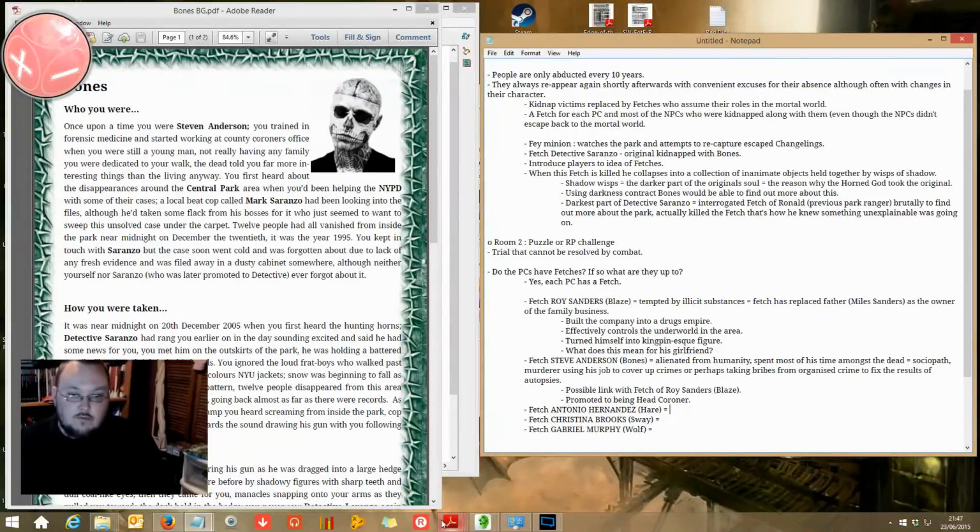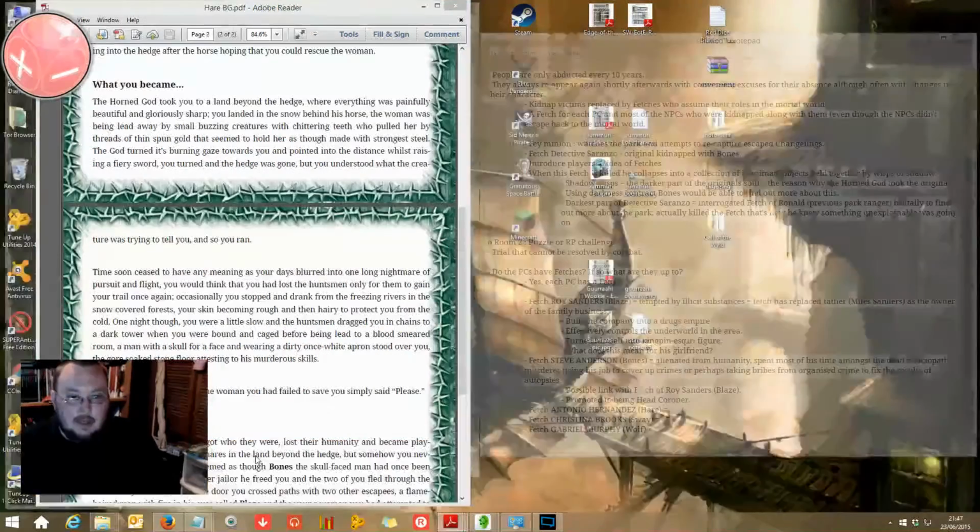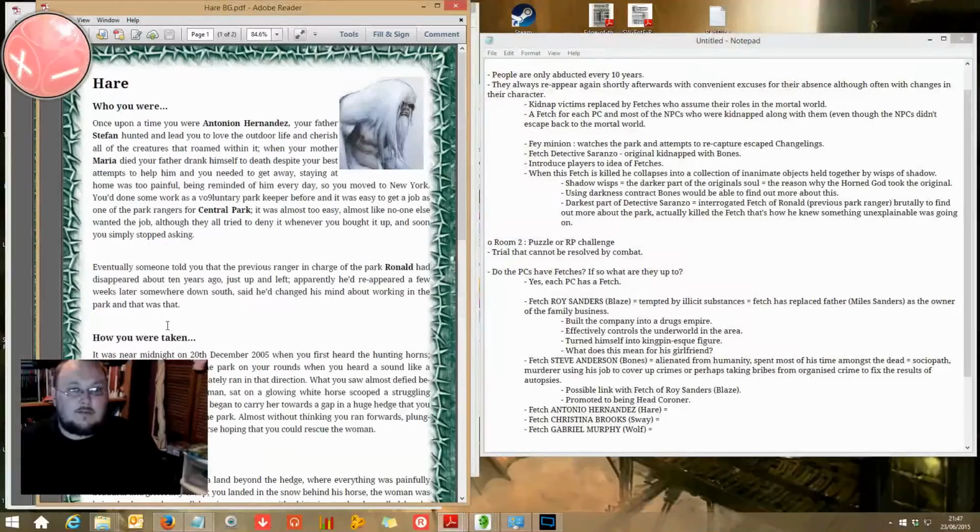So if we then move on to Hare, and have a look at his background. Hare was a person who enjoyed the outdoor life and took over as the park keeper of Central Park when the previous keeper, Ronald, disappeared.